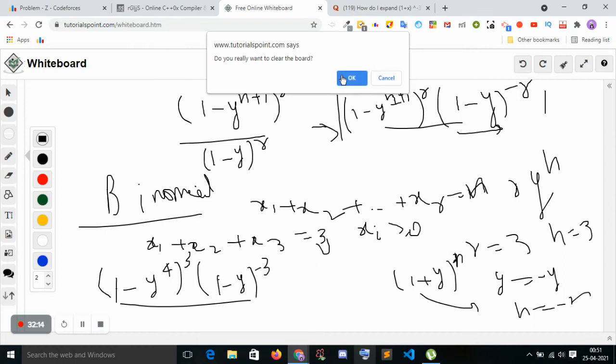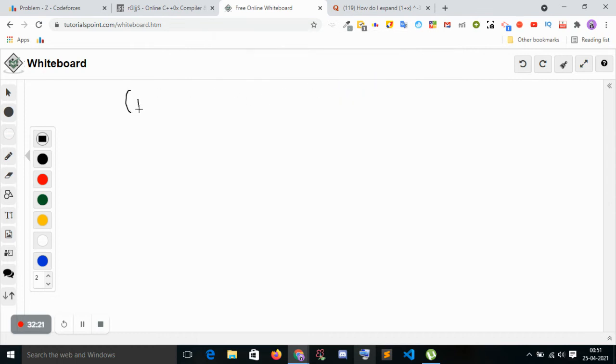So we know (1 minus y) to the power 4 will become (1 minus y) to the power minus 3. Let's try to expand this limit.